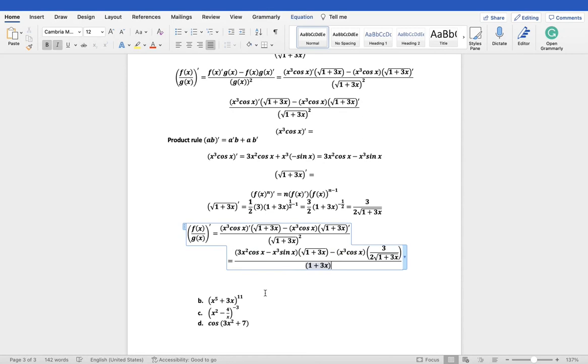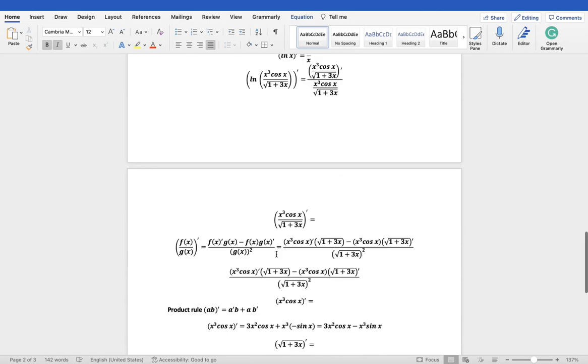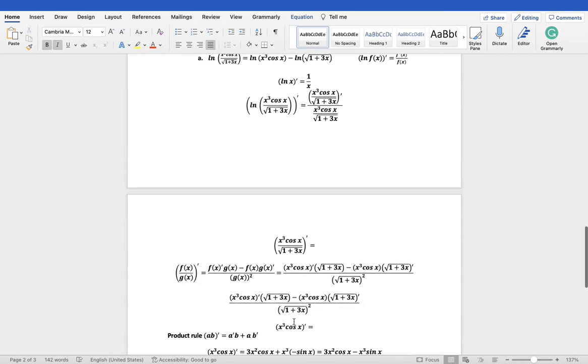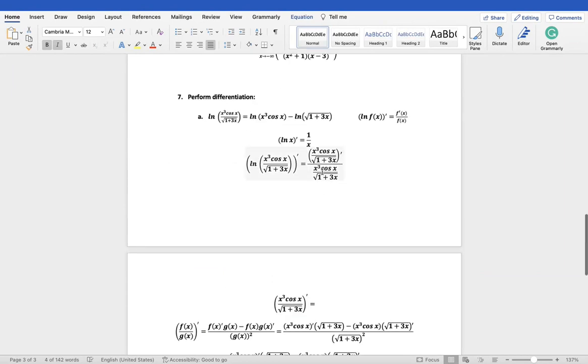Okay, so of course you guys can simplify this further, right? So you can simplify this further and see where it takes you. So I'll leave it as is. You guys can attempt the simplification as practice, right?